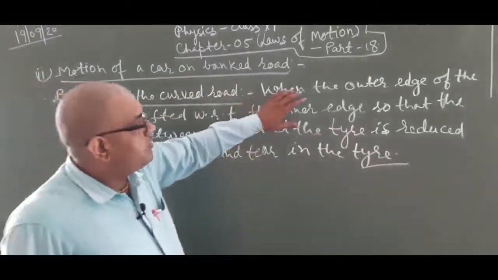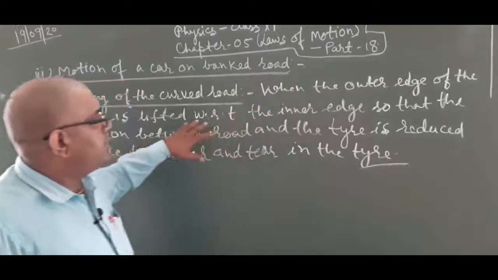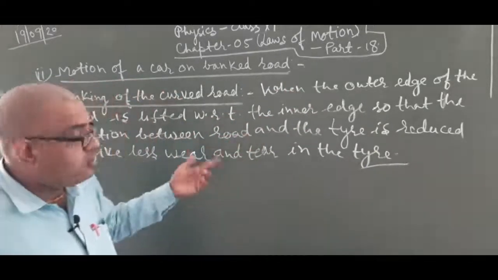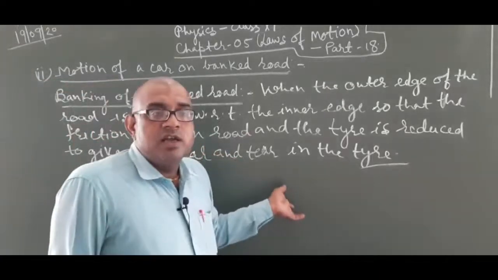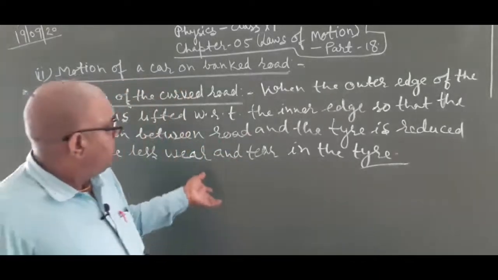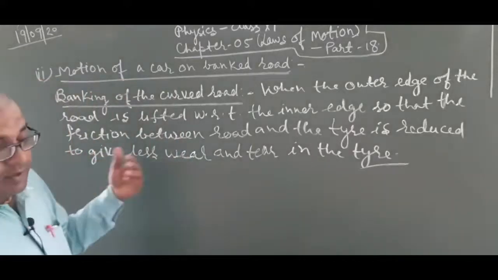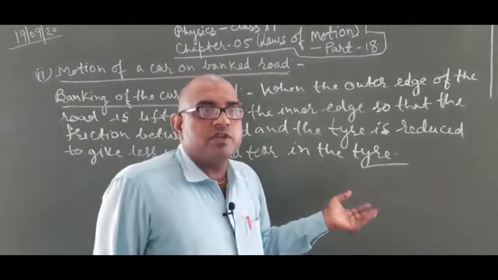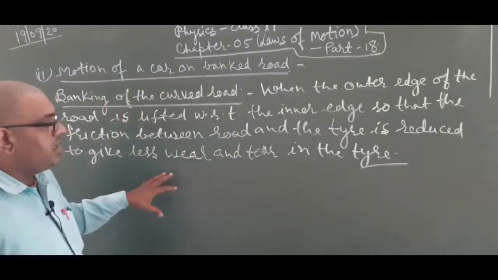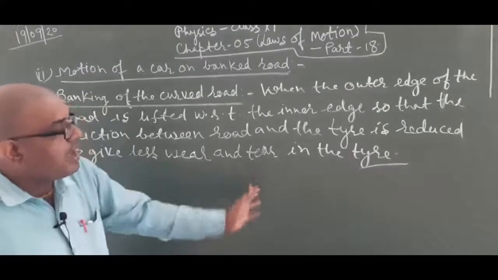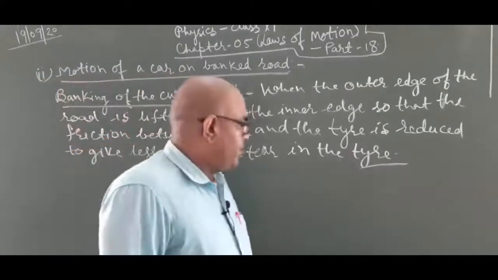This is done to reduce the friction between the road and the tire, and how the friction is reduced by the banking of the road, we will see in the derivation portion. If the frictional force is reduced, there is less wear and tear in the tire while taking the sharp turn on the curved road.